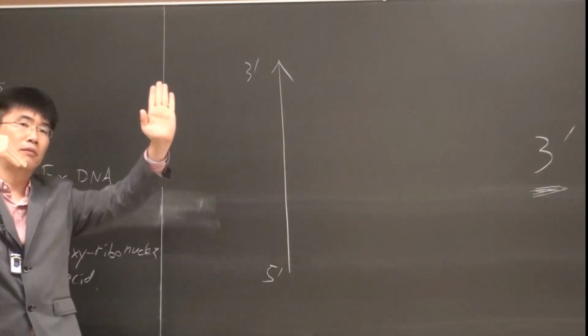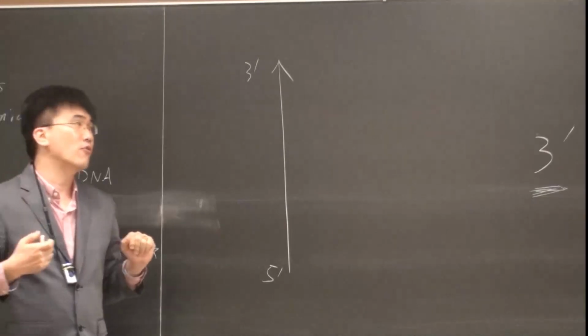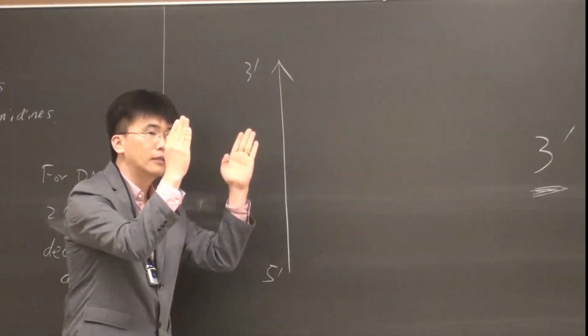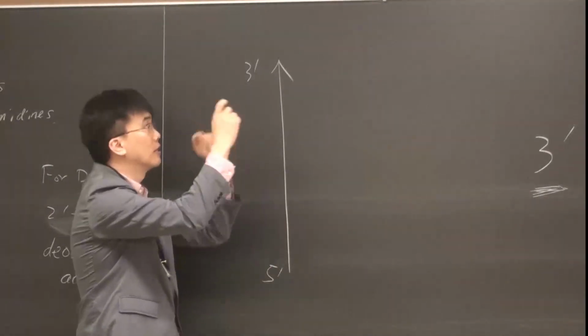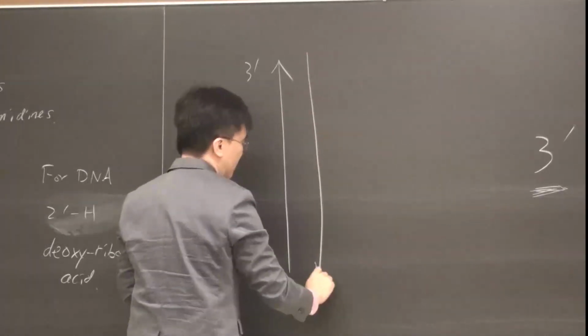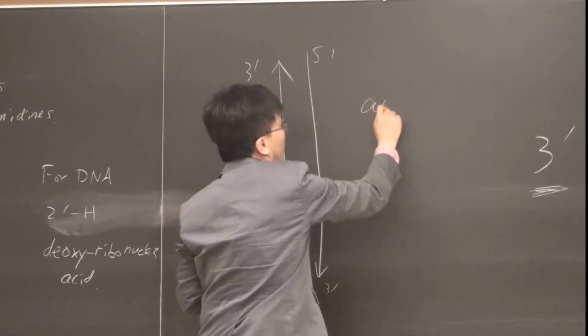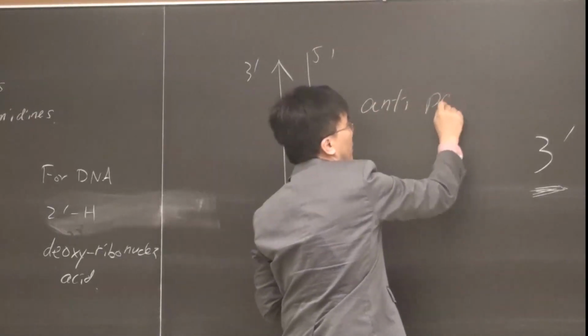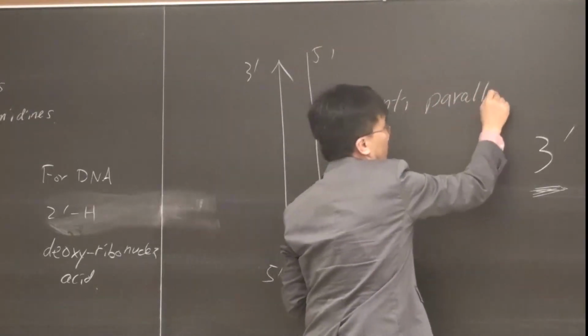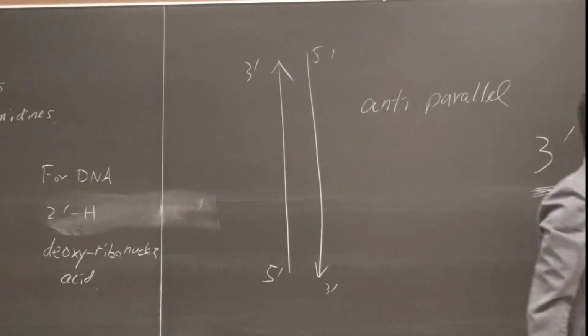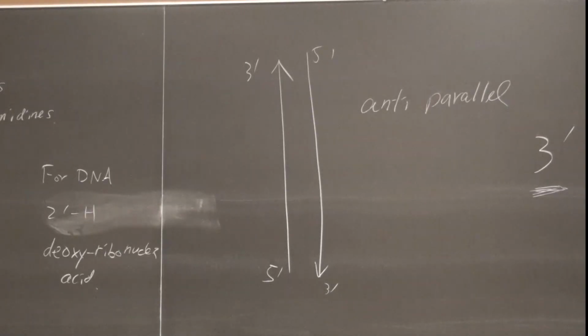When you form a double helix using two DNA strands, they don't run parallel. They don't run in the same direction. They run in opposite directions. So DNA has this anti-parallel structure. What it means is that once you form a double-chain DNA, it's symmetric. There's no defined direction.